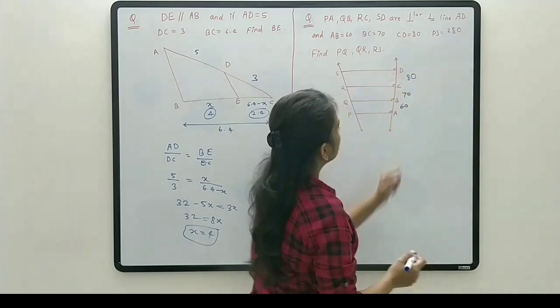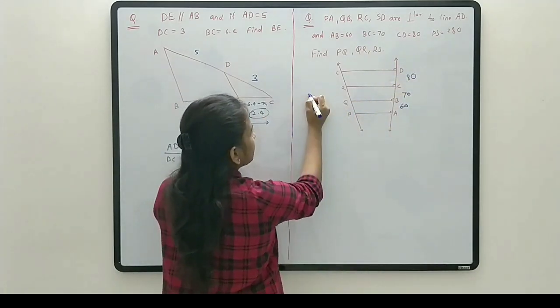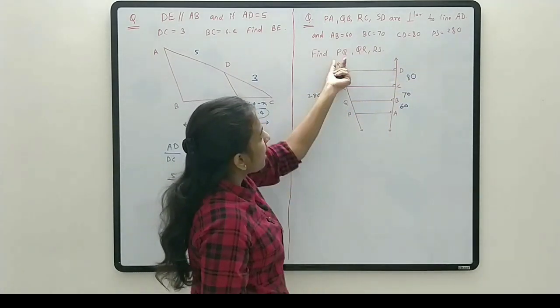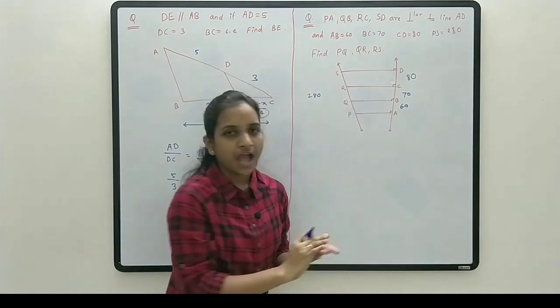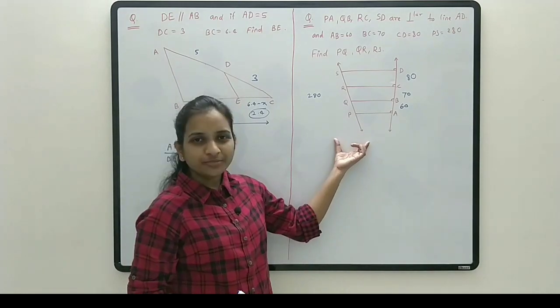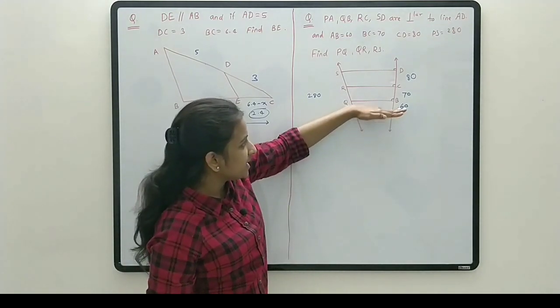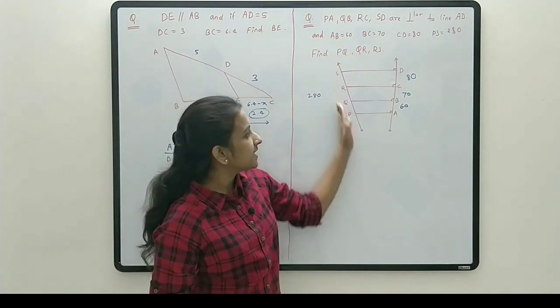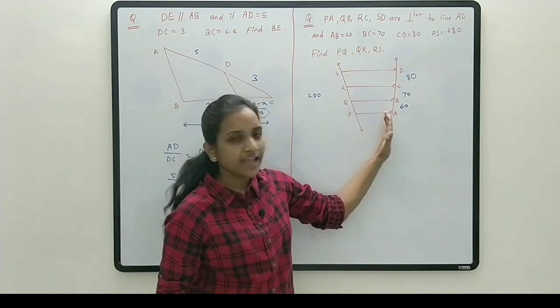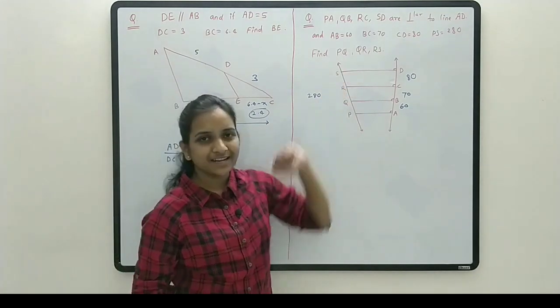And PS is 280. So complete PS is 280. Then we have to find PQ, QR, RS. How to solve this? From this we can say PA is parallel to QB is parallel to RC is parallel to SD, and we can consider PS and AD as transversals for these parallel lines.